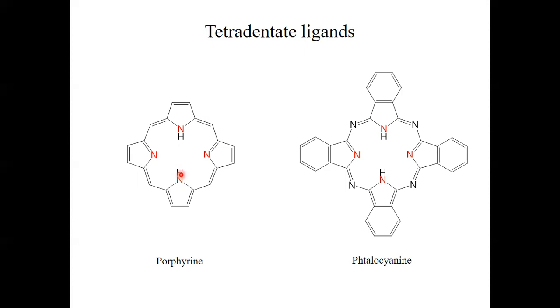So these porphyrin complexes are very important in biology. You may have encountered them in other classes, especially when you're biochemists. So, for instance, they occur in blood. So hemoglobin is a substance which contains porphyrin units that contain a particular metal in the center. You probably know which one.